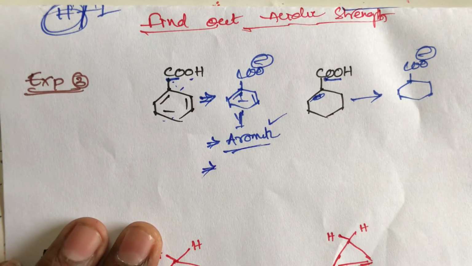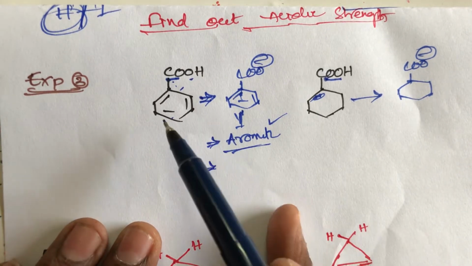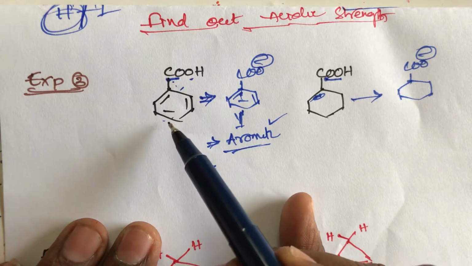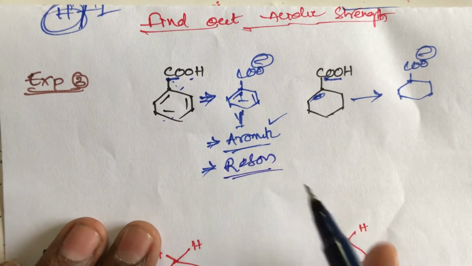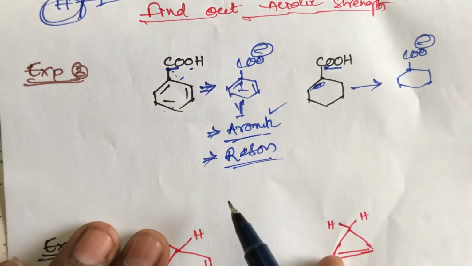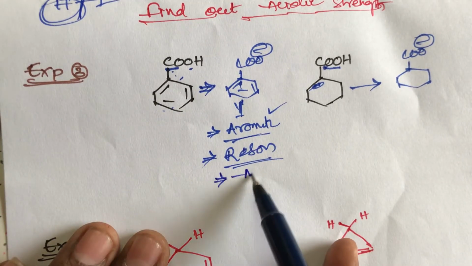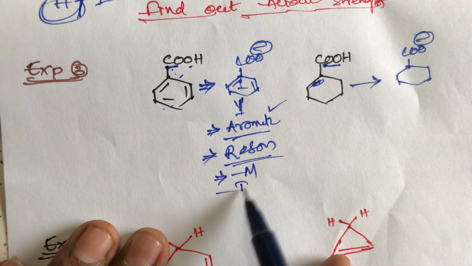And the second condition is that conjugation is present, which means resonance is present: double bond, then single bond, and double bond. So resonance is also possible, and COO minus has a minus M and minus I effect.